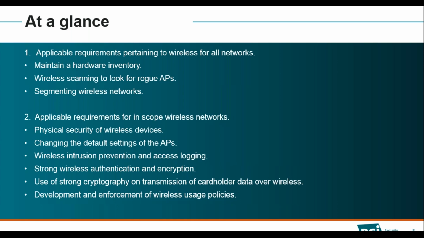And secondly, for those organizations where wireless networks are in the scope of PCI DSS. Most of the companies that I have seen feel that only if they have wireless within the enterprise connected to the card data environment, then only those controls are applicable.